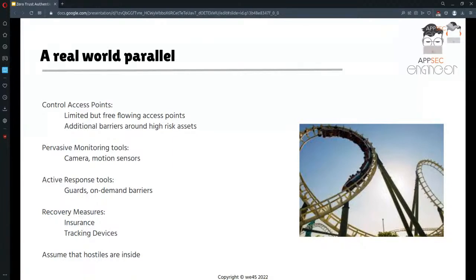So, in an amusement park, you have various control access points, meaning you will have one single entrance and one single exit. And at this very point, this bottleneck, you will be ensuring that everybody entering the space has some form of authentication. So you will probably ask them to buy a ticket, and you'll give them a wristband.